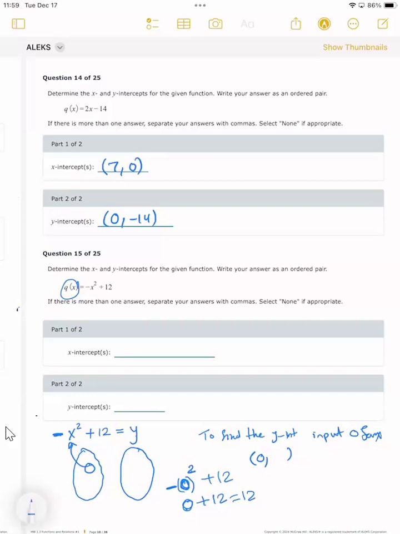So then y is going to be 12. This whole thing becomes 12. So when x is 0, y is 12. So from 0, we go to 12. That's the output. When input is 0, because 0 squared is 0, minus 0 is 0, 0 plus 12 is 12. So when x is 0, y is 12. That's our y-intercept.